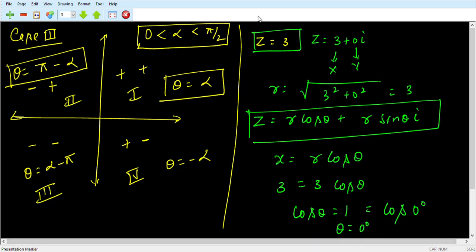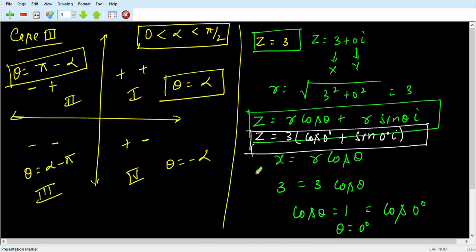So here you can write z is equal to 3 bracket cos 0 plus sine 0 iota.